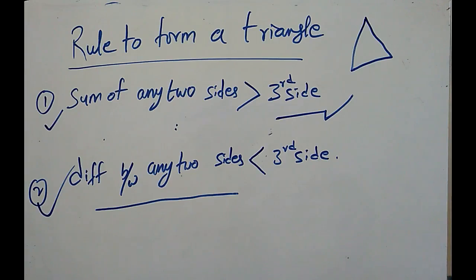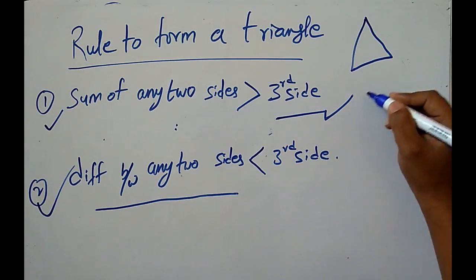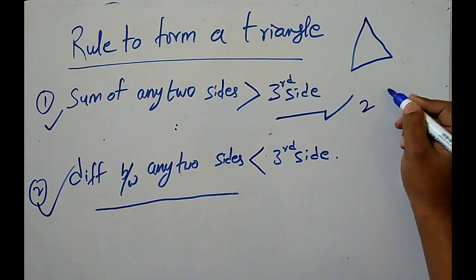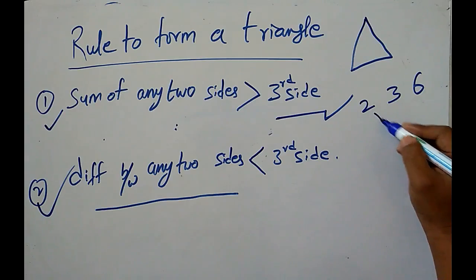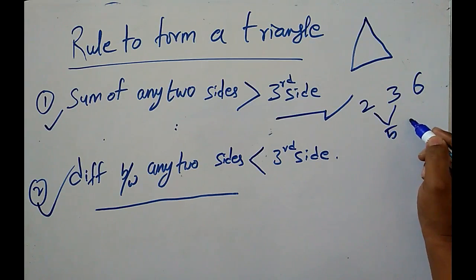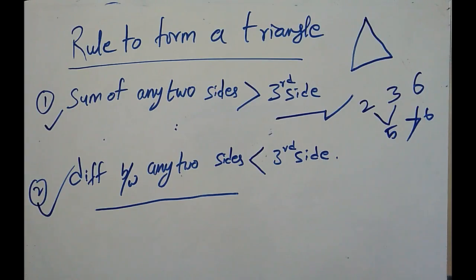Friends, see, if you have something like 2, 3, 6, can this form a triangle? No. 2 plus 3 is 5, and this is not greater than 6. So it can't form a triangle.